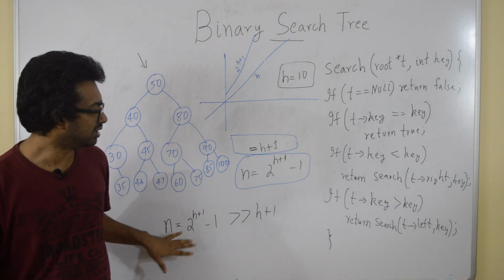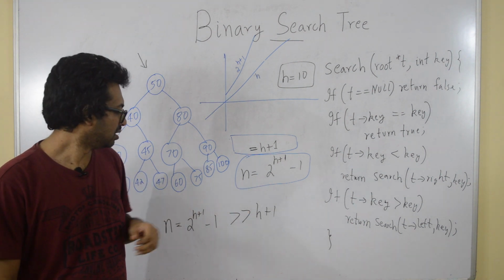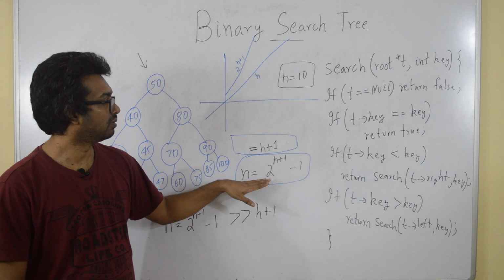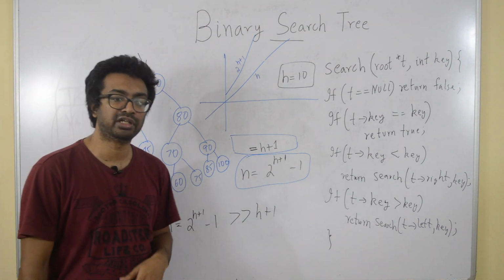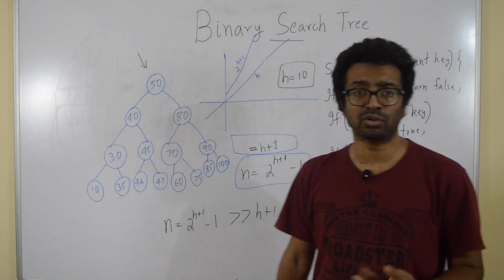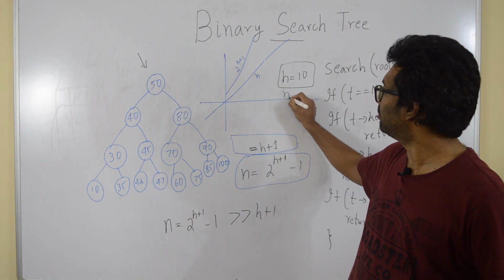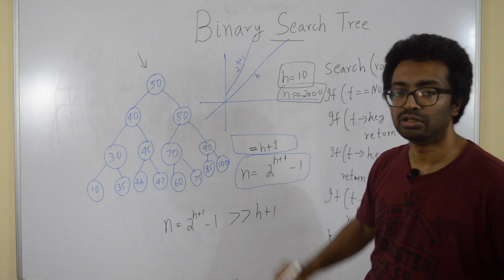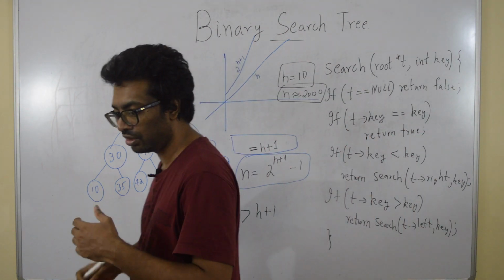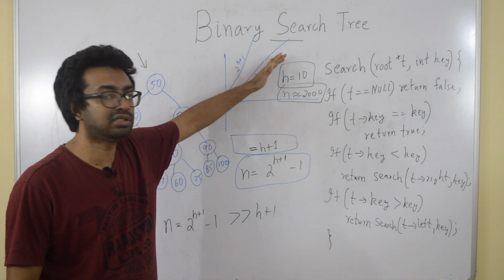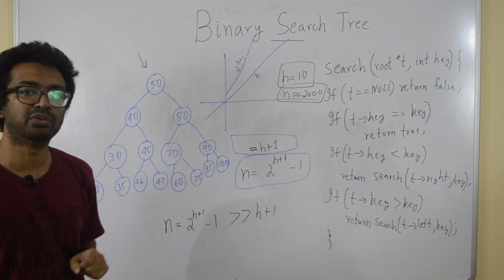On the other hand, in this linear search, you had to search 2 raised to 11 minus 1. 2 raised to 11 comes out to be around 2000. So in this case, n becomes approximately 2000. So if you are using a binary search tree, you have to search only 11 numbers, while on the other end, you have to search around 2000 numbers.